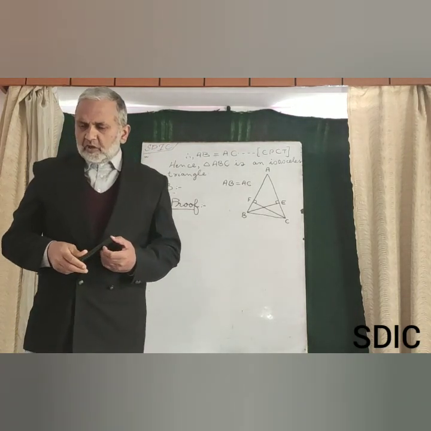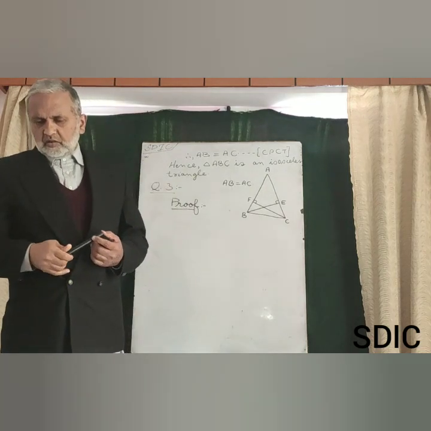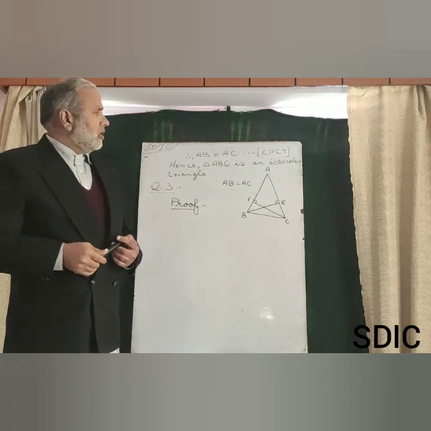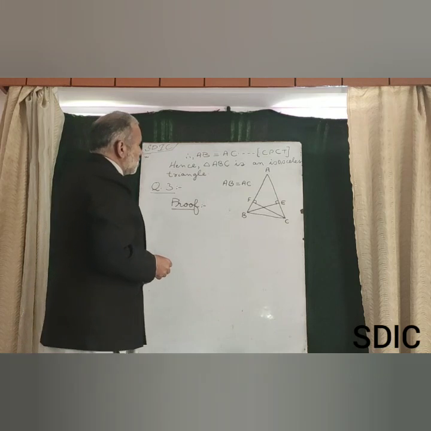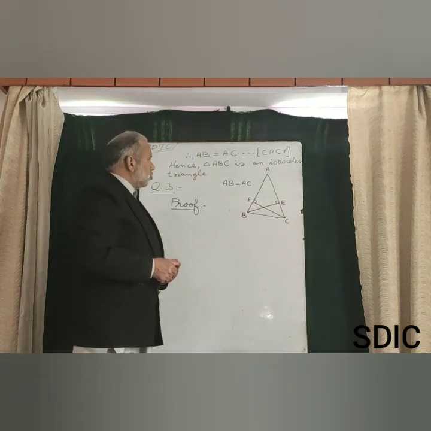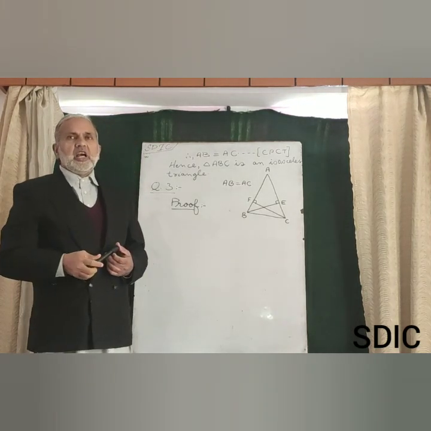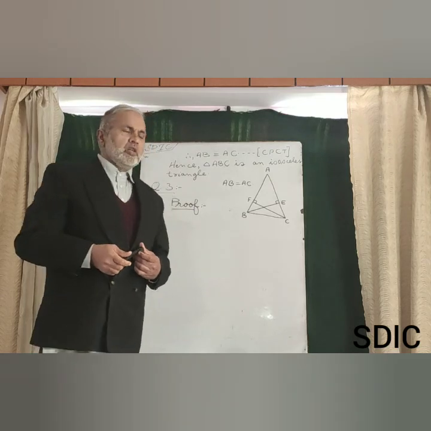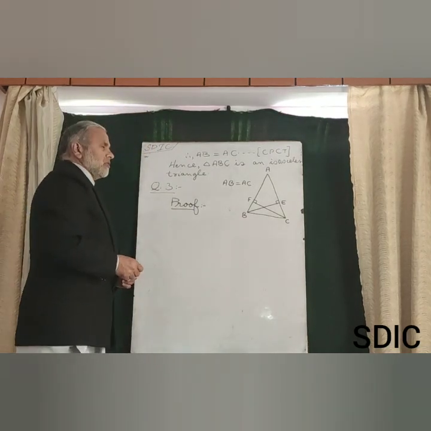Well, as I said in the previous question and earlier also, to prove this question, we would like to make things simple. We'll choose two triangles which will help us to prove the result.